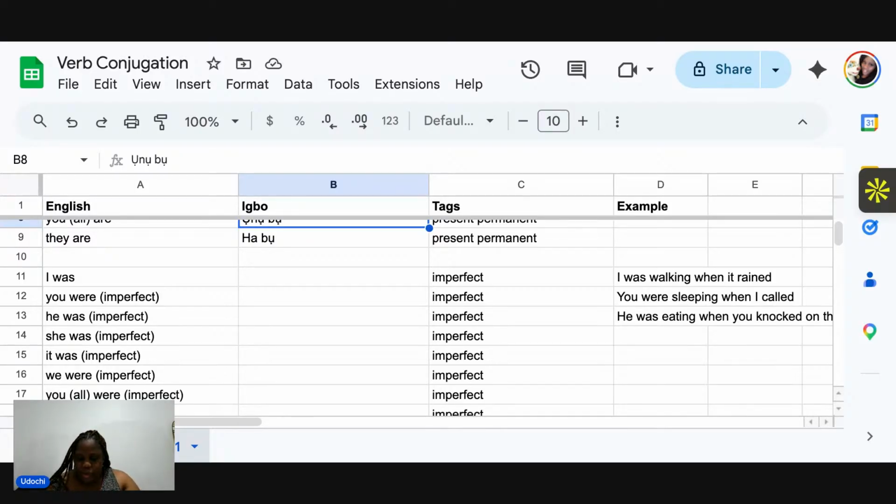Let's see if she has verb conjugation in this book in a good way, in a way that I can fully see. Preface. Let's see if she has verb conjugation in this book.